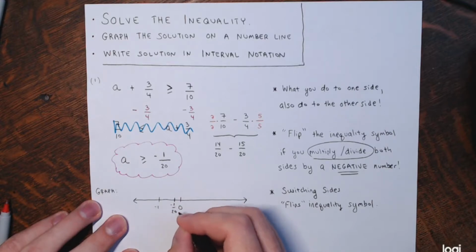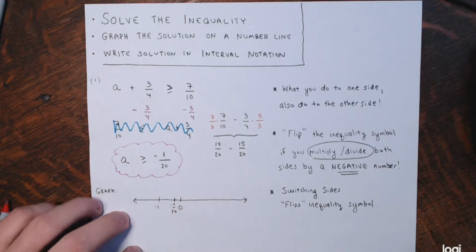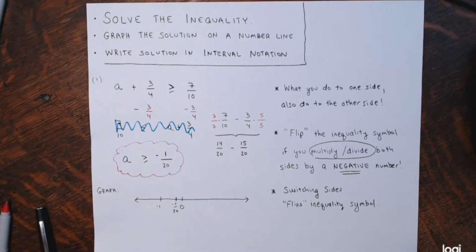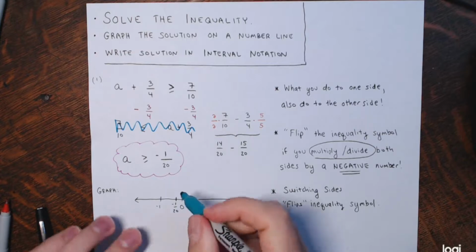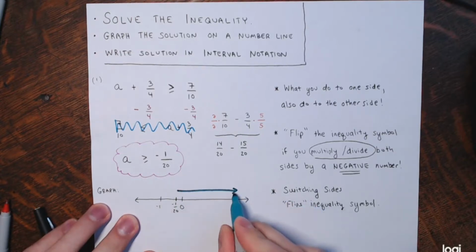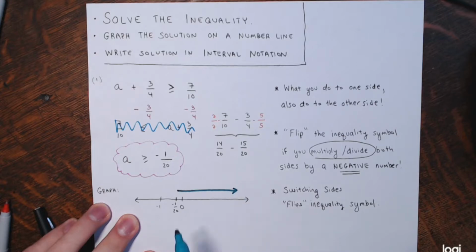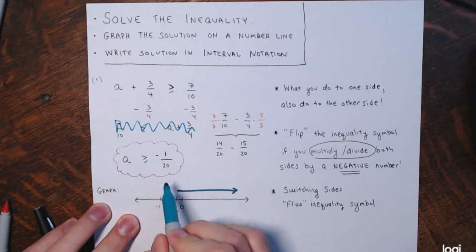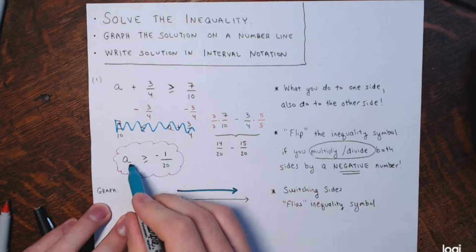Right, say here's -1/20. Now all the numbers greater than -1/20 are to the right. So these numbers here, I'll indicate that with a little arrow, right? And then -1/20 itself is also a solution because it's greater than or equal to.